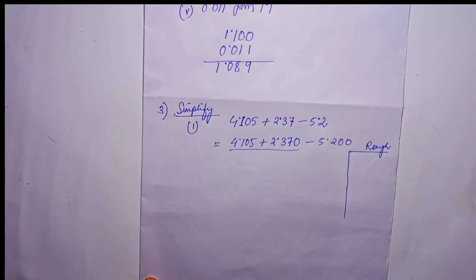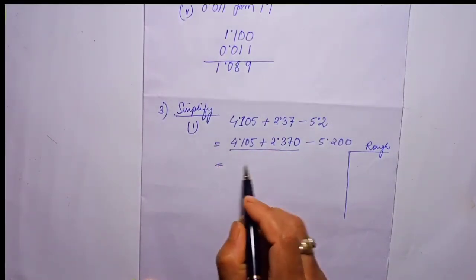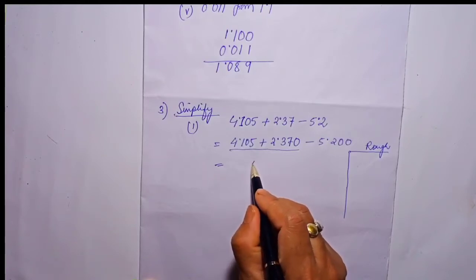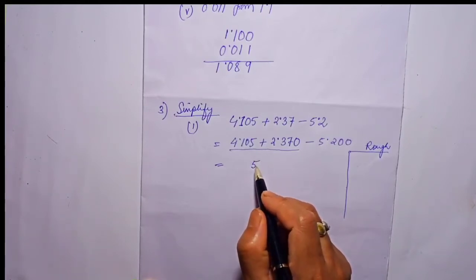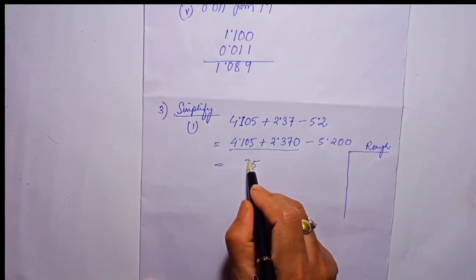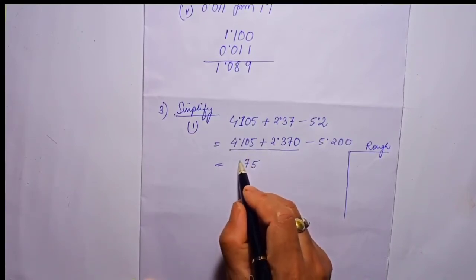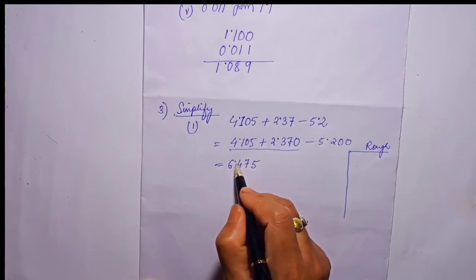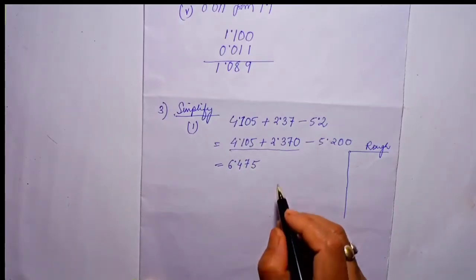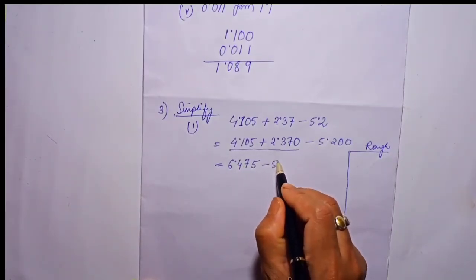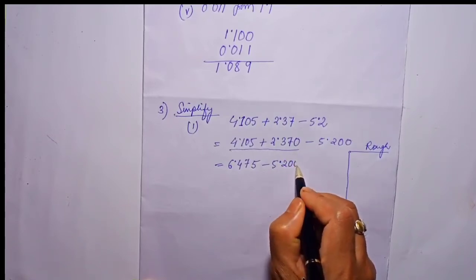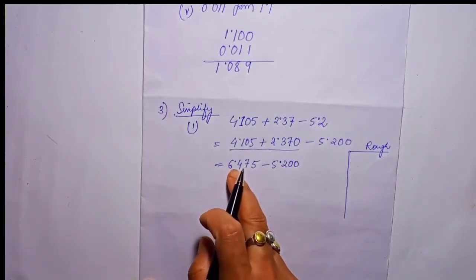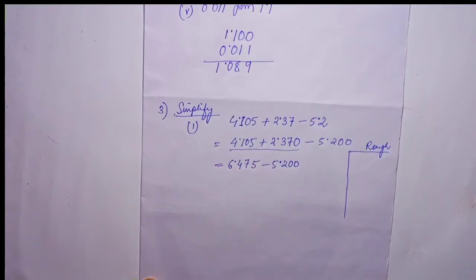Fine. If you add this, you will get this 5, then it is 7, then it is 4, then it is 6.475. You have to subtract 5.200 from 6.475.